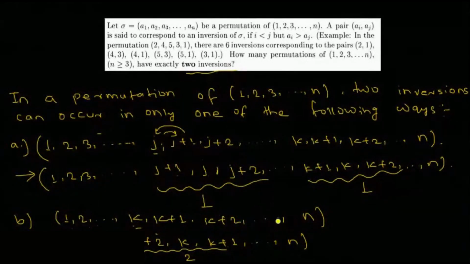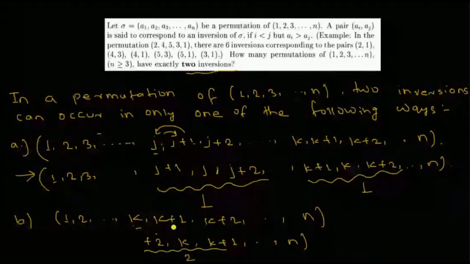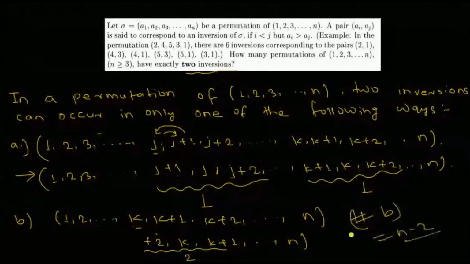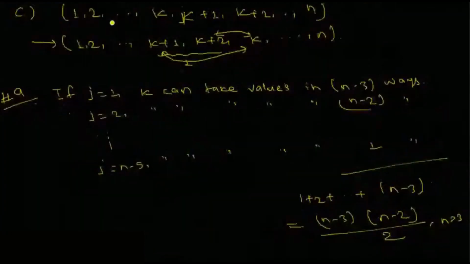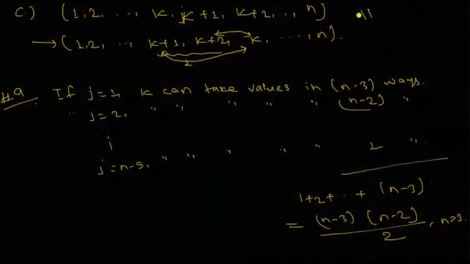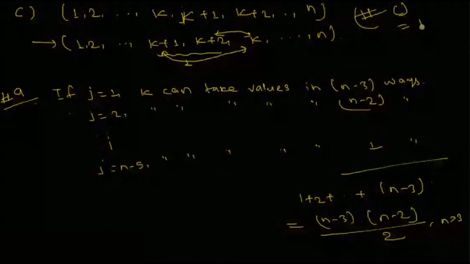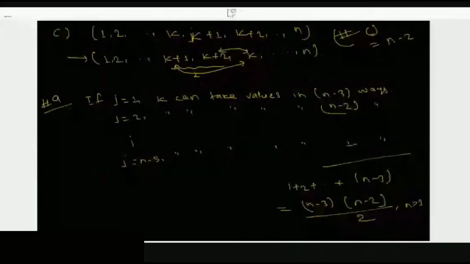Because at the n minus 2th term, the nth term will be k plus 2. So the number of ways k can take values is n minus 2. Similarly, the third case is exactly the same. So here again, the number of ways it can occur is n minus 2, right?